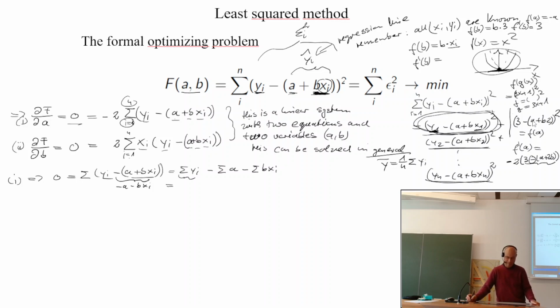So this is then nothing else than n times the arithmetic mean. A is a fixed number, and this should run from 1 to n.